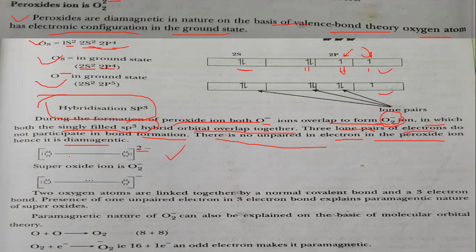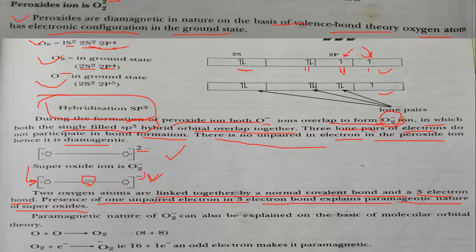Whereas in the case of superoxide, you can see only 1 unpaired electron is there. So 2 oxygen atoms are linked together by a normal covalent bond and a 3 electron bond. The presence of 1 unpaired electron in the 3 electron bond explains the paramagnetic nature of superoxide.